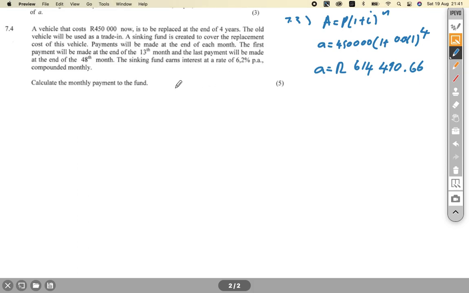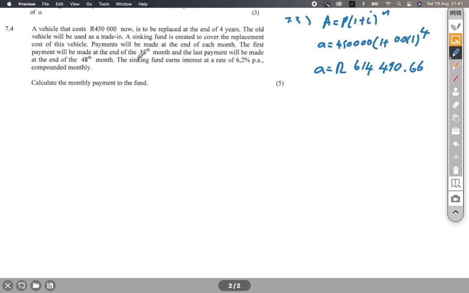The first payment will be made at the end of the 13th month, and the last payment will be made at the end of the 48th month. The sinking fund earns interest at a rate of 6.2% per annum compounded monthly. Calculate the monthly repayment to the fund.